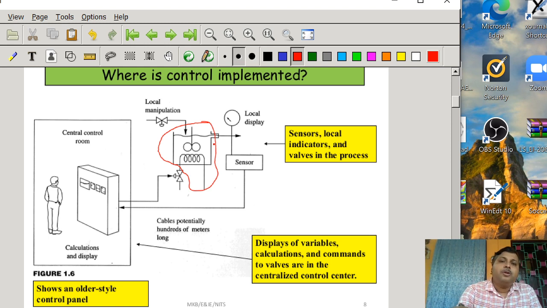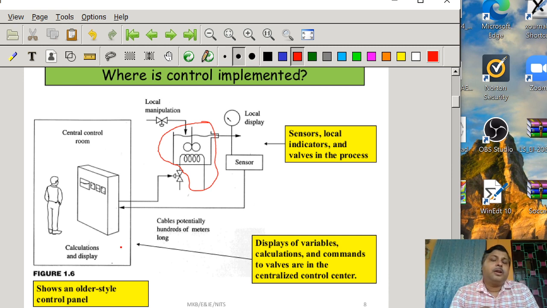The measurement of the level has to be sensed by a sensor, and that signal has to be sent to the central control room, because in the central control room the operators will be there.